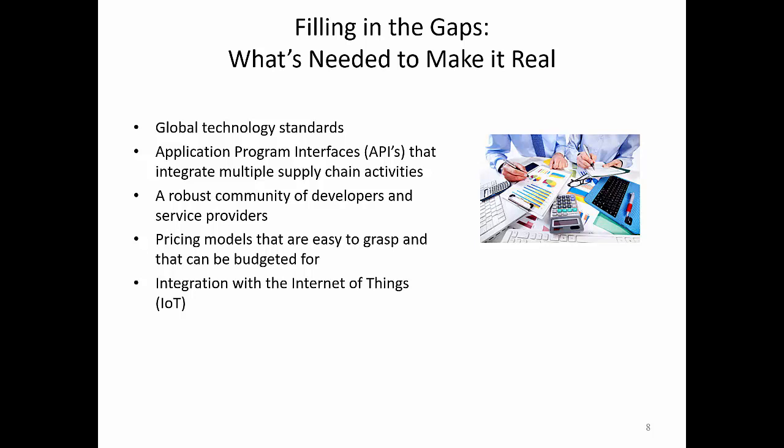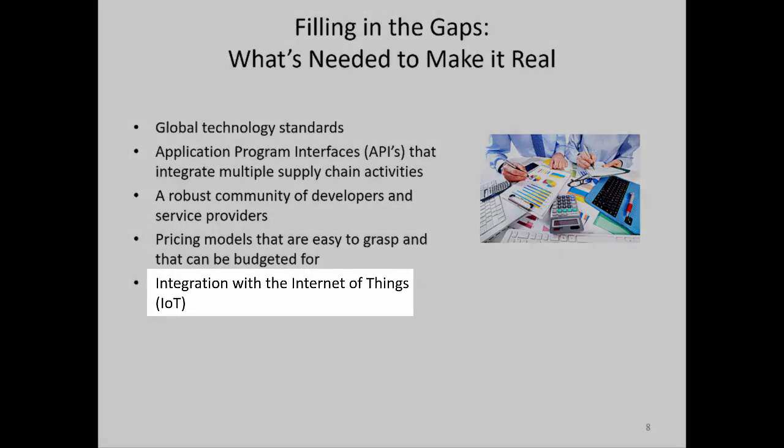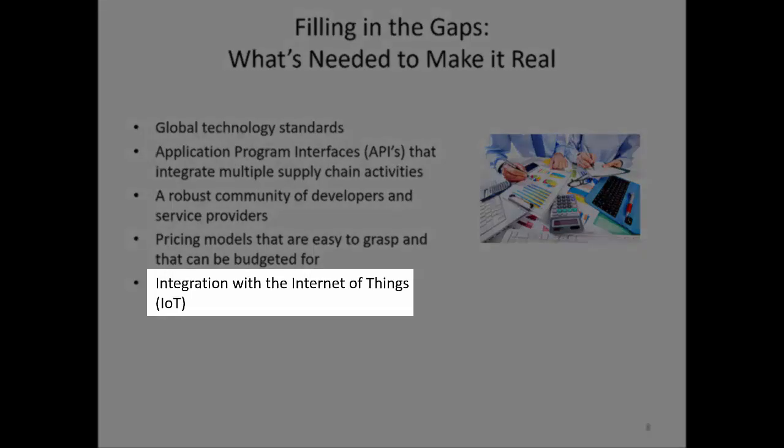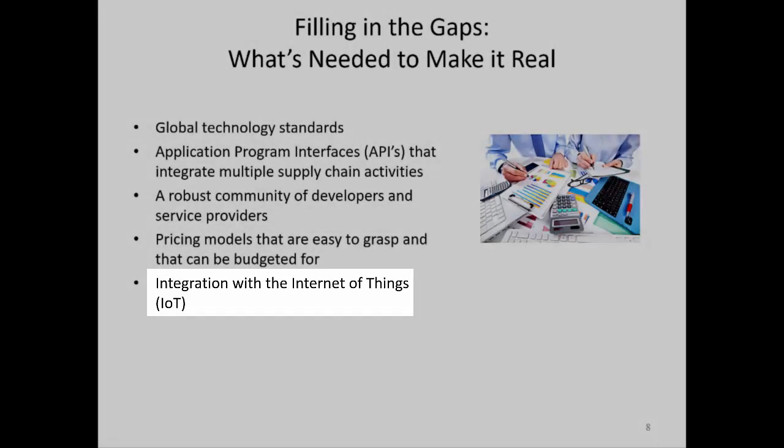Lastly, we can't forget about what goes on out in the physical world, in the atomic world. Surely, blockchain as a digitization tool has the potential to be revolutionary. But how much more impactful could it be if we were able to integrate blockchain with the Internet of Things? Clearly, the Internet of Things is also a digital tool.